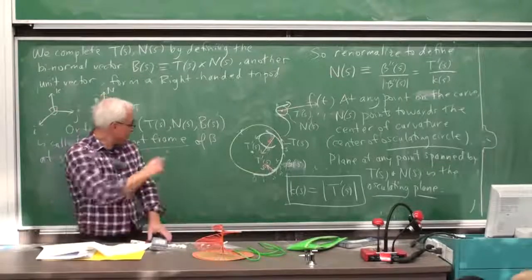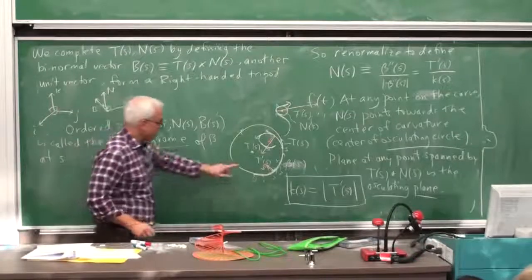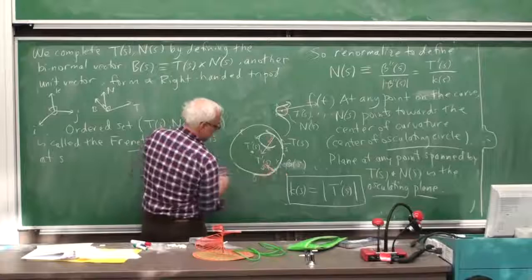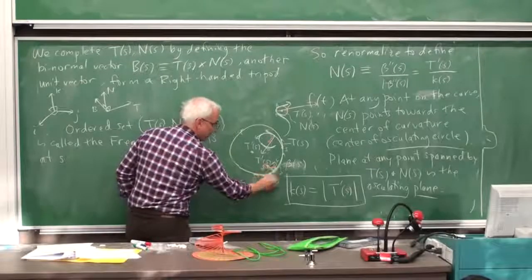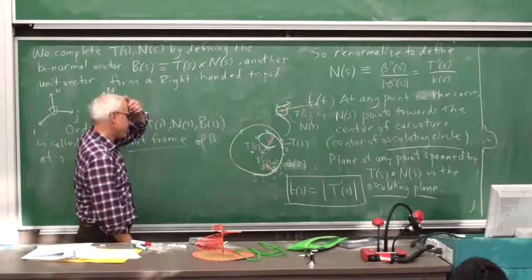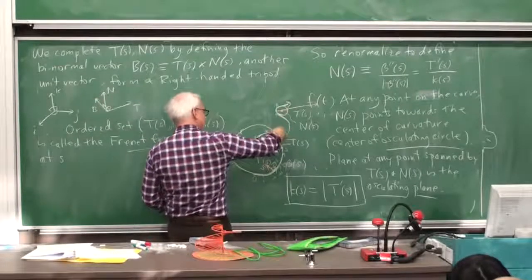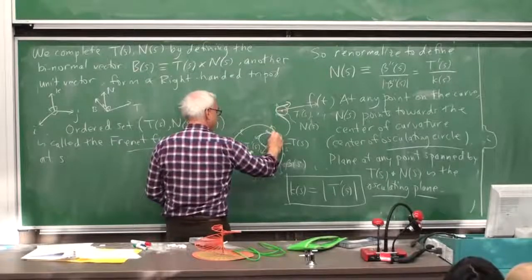All right, so we have to augment our picture. We had T's and N's, and now there's going to be a B coming out, also perpendicular. Here there's a T that way, an N in this direction, a B coming out, perpendicular to both.